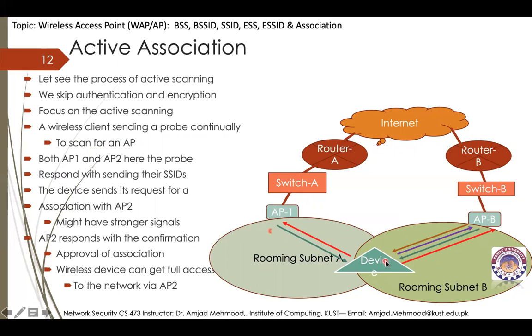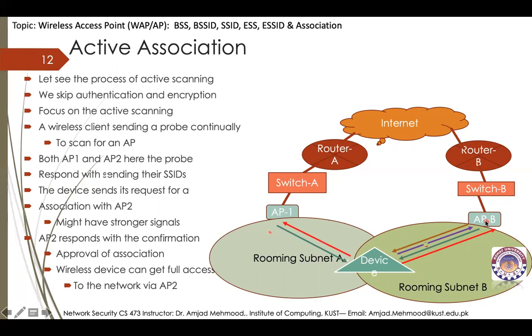So if we have a device here, the device will be sending a probe to the access point. You can see here, for example, if the device is in the range of these two subsets, both will be receiving this probe request and will respond by sending their SSID.